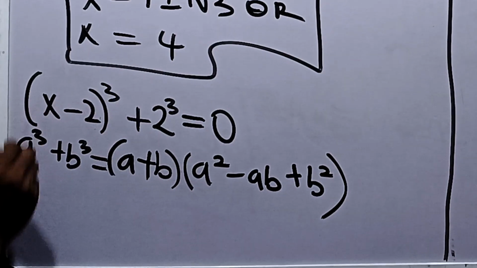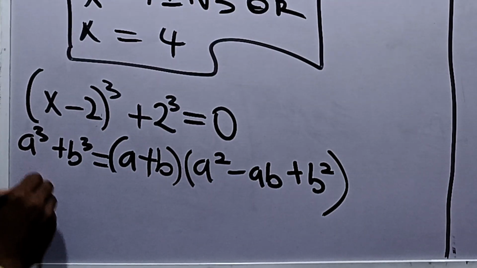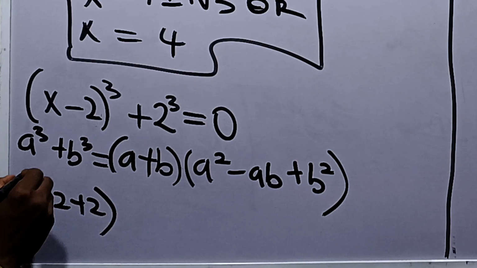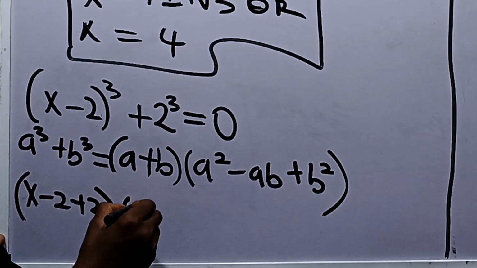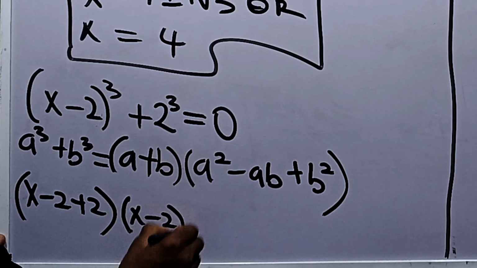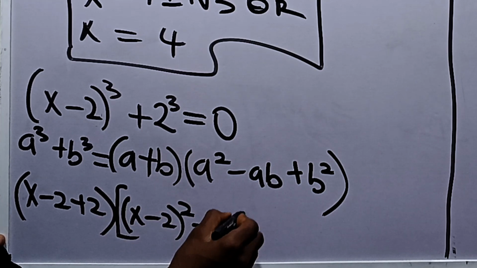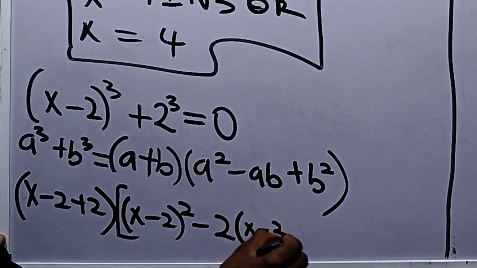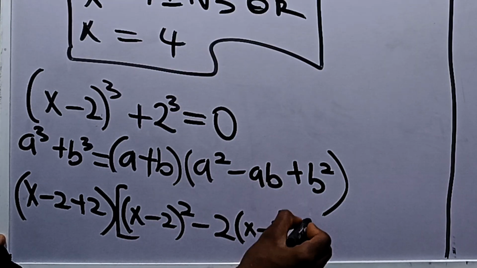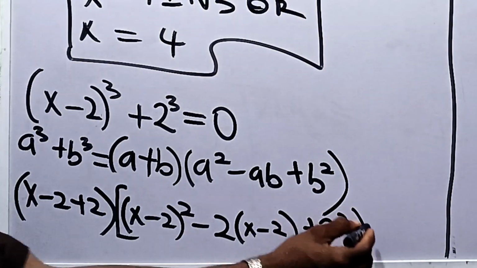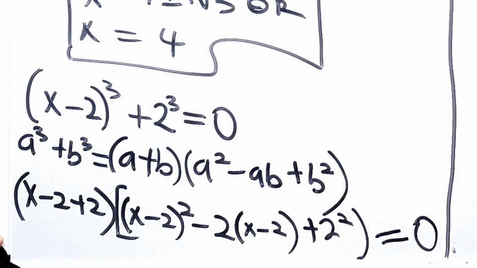So we have x minus 2 plus 2, into x minus 2 squared, remember there's a big bracket here, minus 2 into x minus 2, then plus 2 squared, and this is equal to 0.